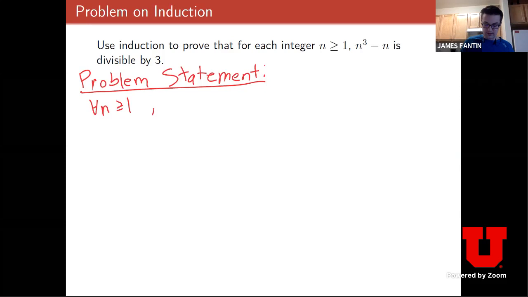We can say divisible by 3. Yeah, and what does it mean that it's divisible by 3? What's another way we could say that by using the definition? I'm not quite sure.